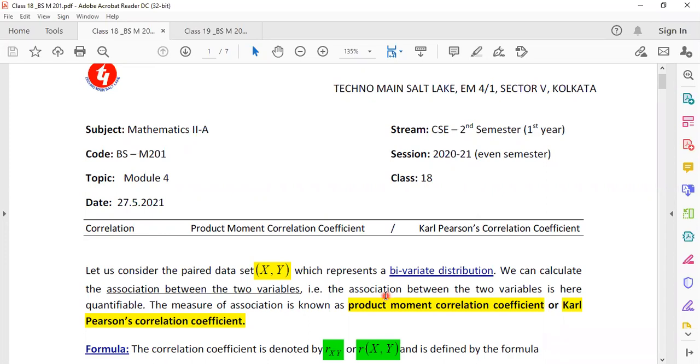Now, an equal number of data for petrol price and marks of students are available with me. With the help of Karl Pearson's correlation coefficient, I'm able to calculate the correlation coefficient between these two items. Now, apparently it looks that there is no association between the two, and probably it is right.